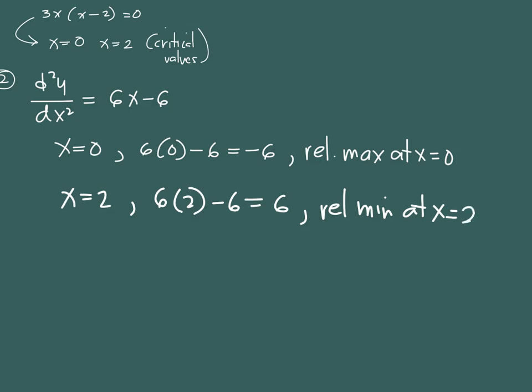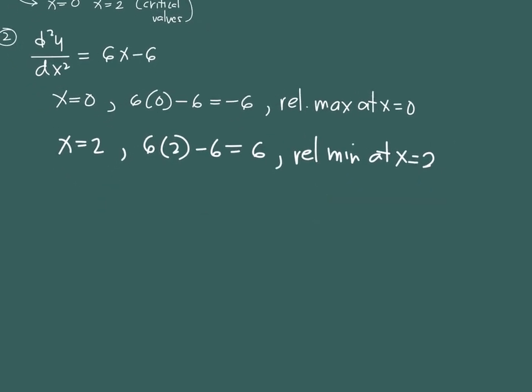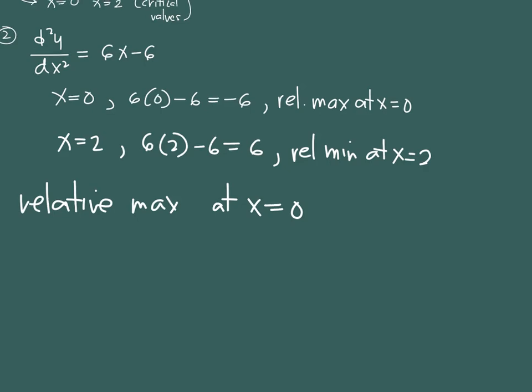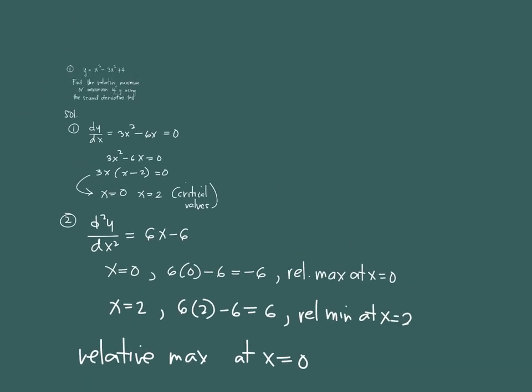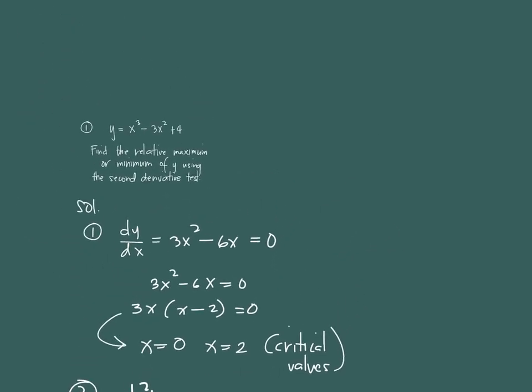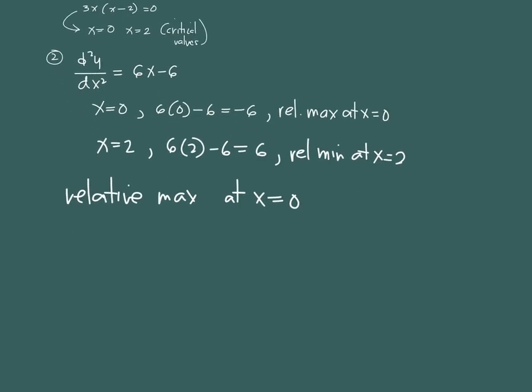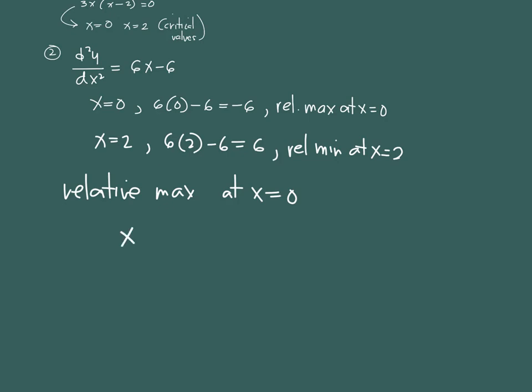So what will be the relative max and the relative min? The relative max happens at x equals 0, but where are you going to use x equals 0? In the given function, x cubed minus 3x squared plus 4.